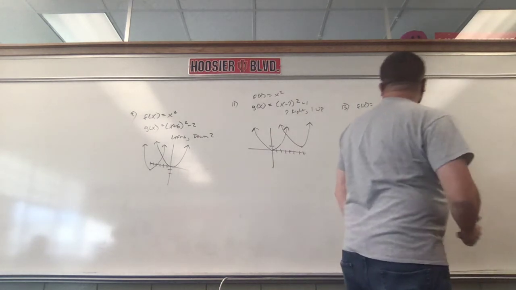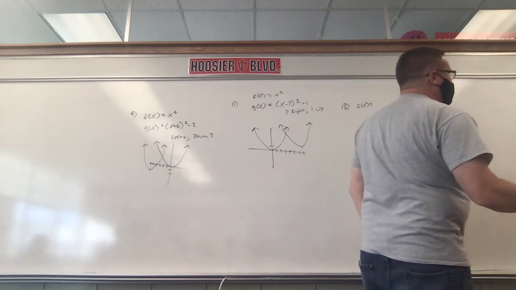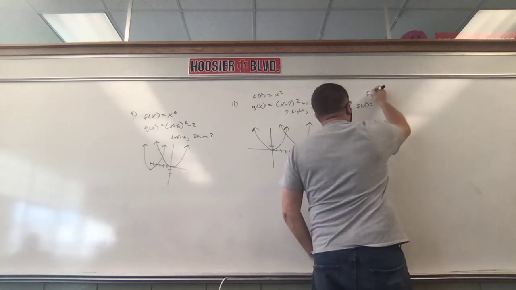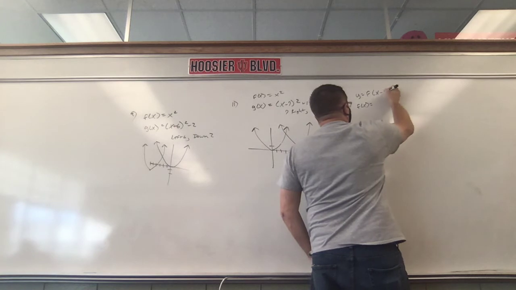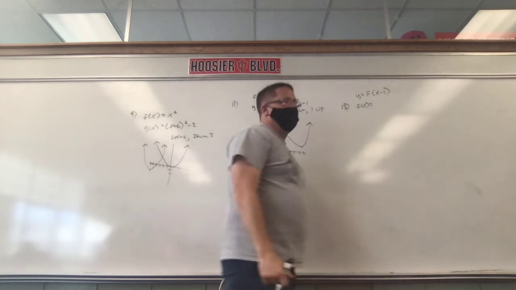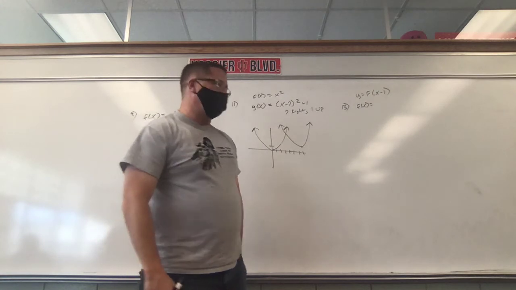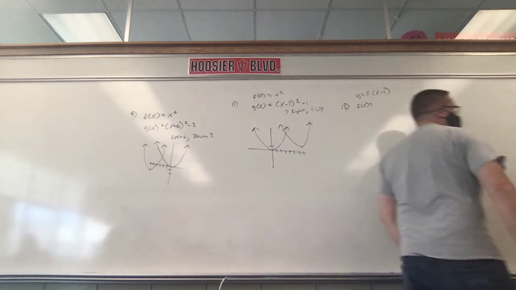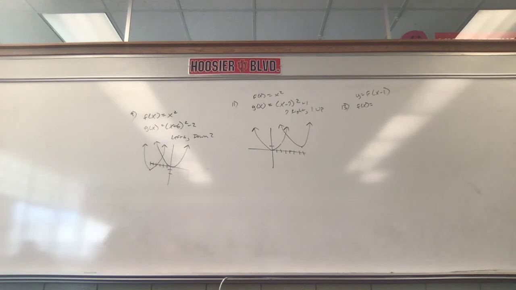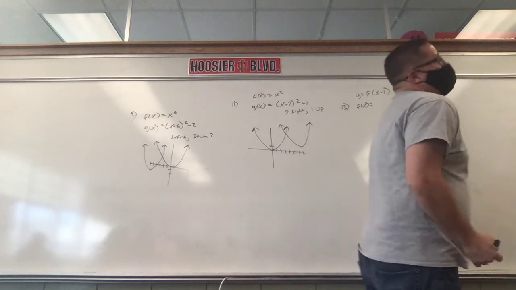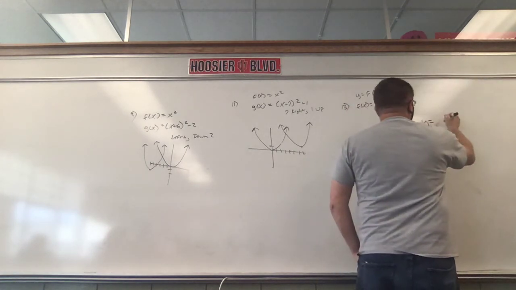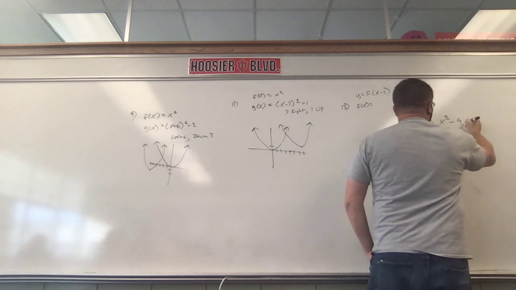So they give us y equals f of x minus 1. F of x minus 1. You might be wondering, what the heck is that saying there, okay? For example, this graph right here, could it possibly be y equals x squared minus 9x plus 3?